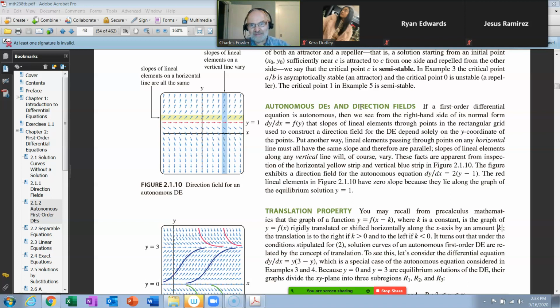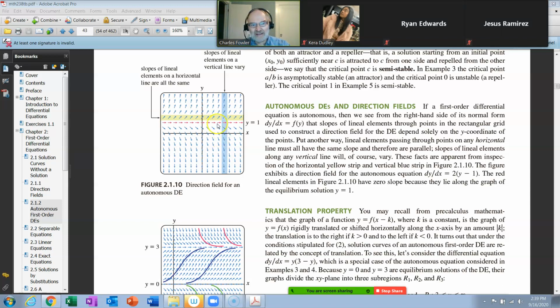So this is the equation we're looking at: dy dx equals 2 times y minus 1. We just noted when y is equal to 1, that's where you have your critical value. That's where the slope of your derivative is always equal to 0. Notice this isn't with respect to x. The slope depends only on the y.